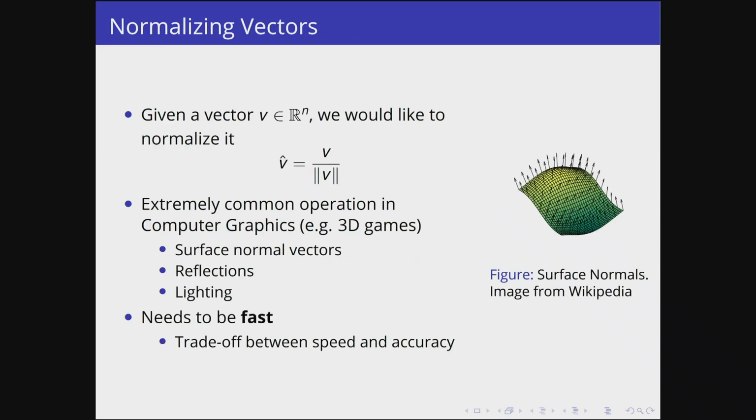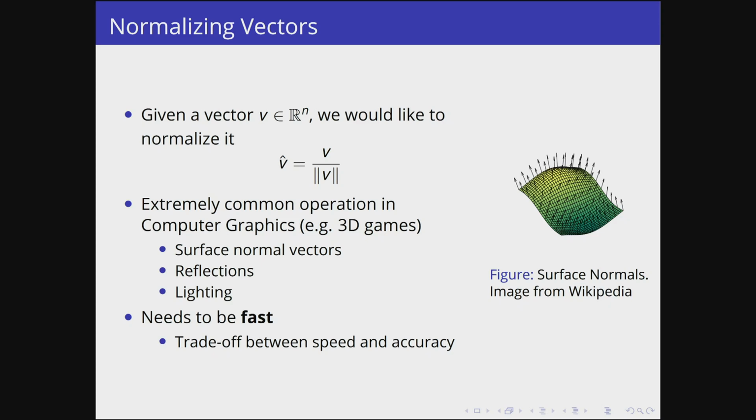Okay, now our problem is that we have a lot of vectors, and we want to normalize them to get unique to length vectors. It is an extremely common operation for computer graphics, 3D games in general, because games have to run really fast, like 60 frames per second, sometimes a bit less, especially in the 90s.